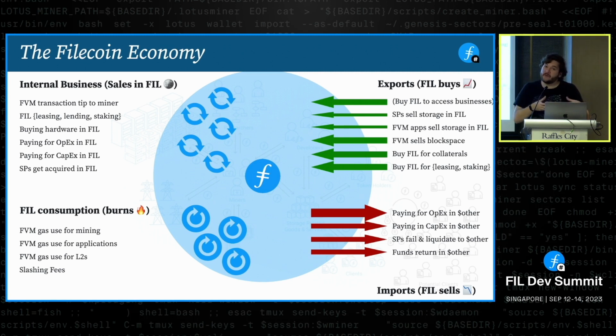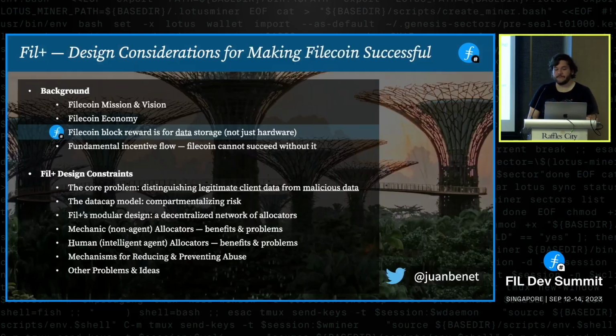So we as a community are spending the block reward in order to produce the service that we're planning to export. Right? So we are developing a service that we're planning to export. The block reward is funding that operation. It's not just hardware, it's the actual data storage.